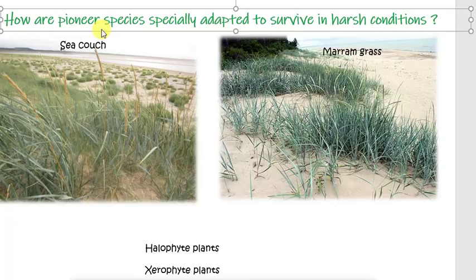Sand is not very good. It doesn't really make very good soils. If you planted, for instance, and we'll look at an extreme, a tree on the beach, just think to yourself, would it grow? Yes or no? If you said yes, then you're wrong. If you planted a tree on the beach, it would die.